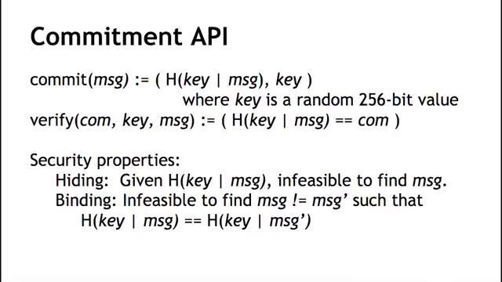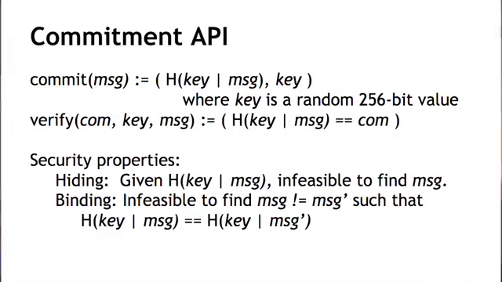So this is exactly the hiding property. And this one down here turns out to be exactly the collision-free property. If someone can find two messages which have the same hash like this, then they have an input value here and an input value there that are different, and yet those have the same hash. And so because of the two security properties we've talked about for hashes so far, this commitment scheme will work in the sense that it will have the necessary security properties.